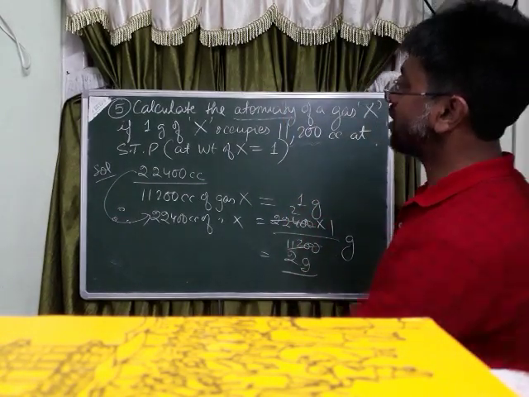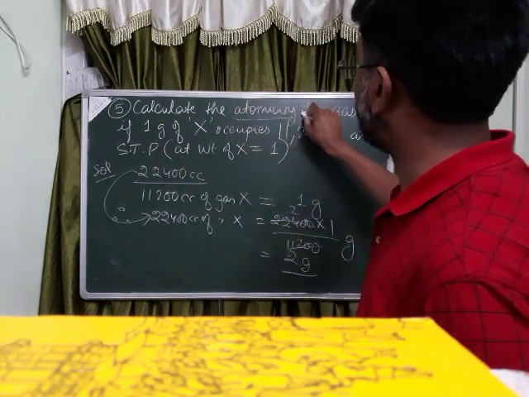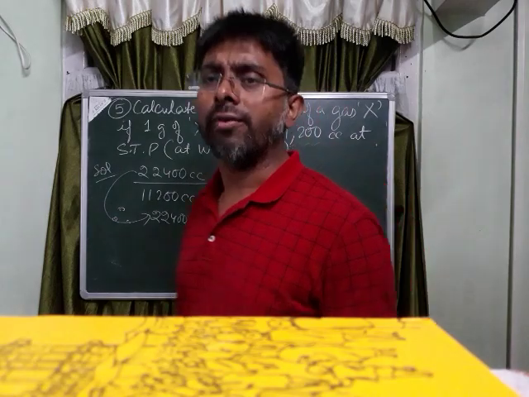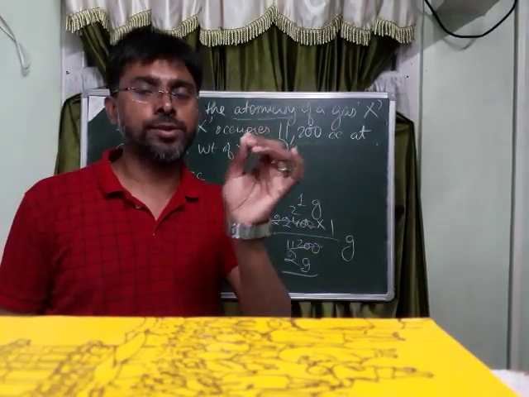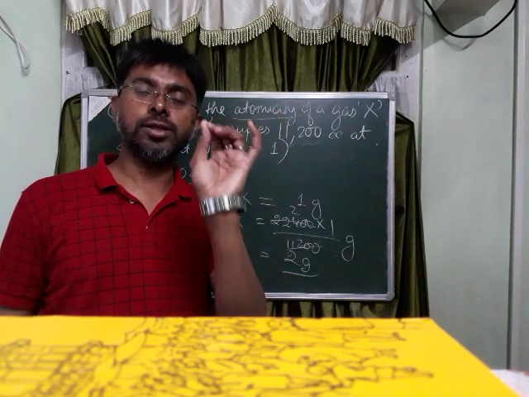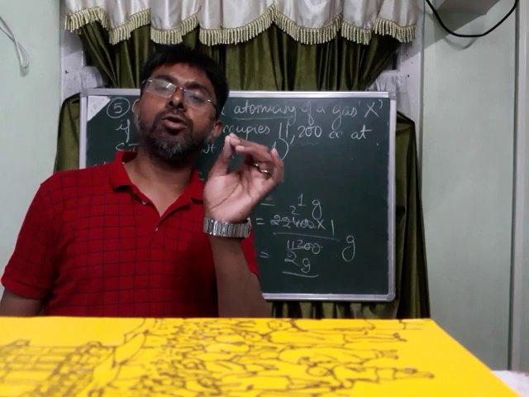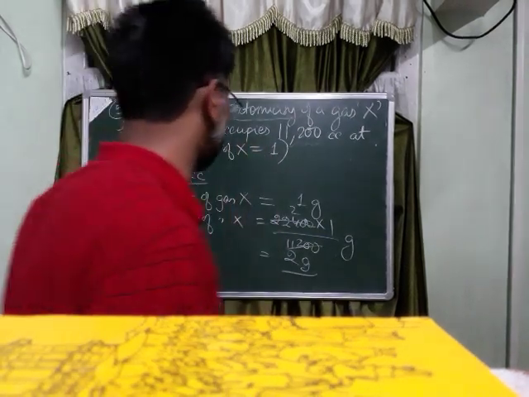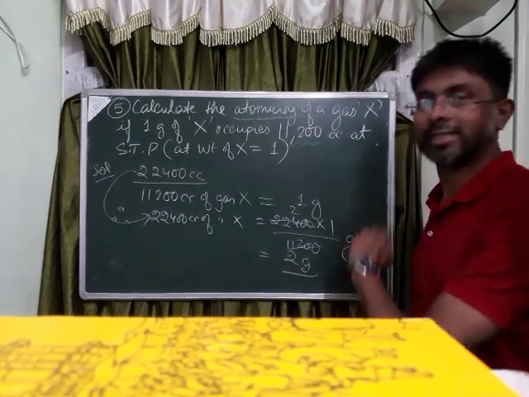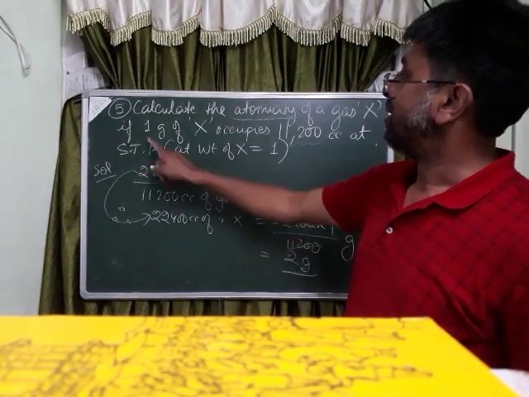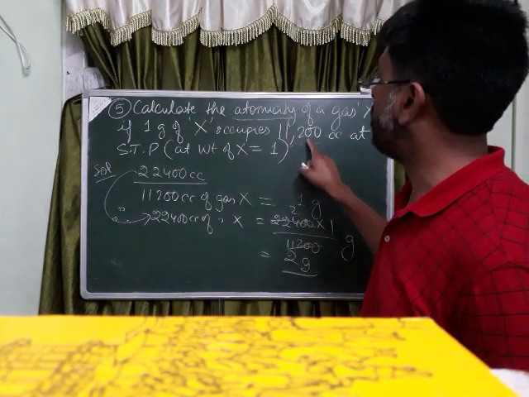And the mass of the gas is 1 gram. Now this word atomicity over here: atomicity means number of atoms of an element present in a molecule of a substance. So based on that concept, we have obtained the molecular mass of the gas X, and the mass of the gas which is occupying this much volume is 1 gram.